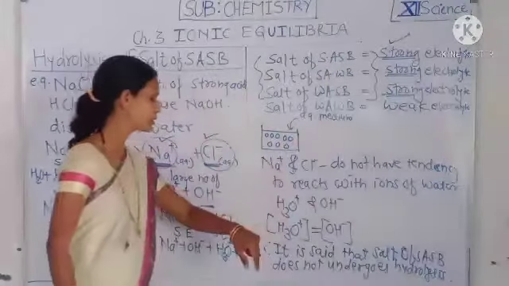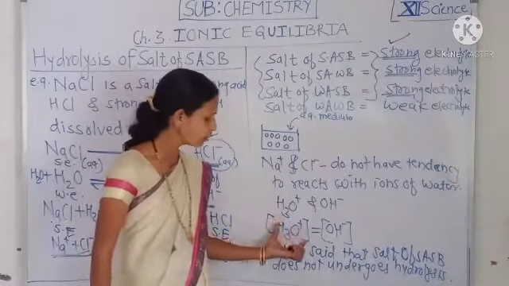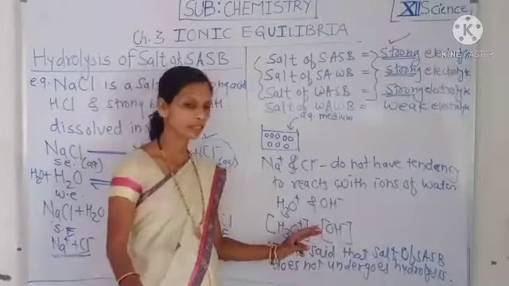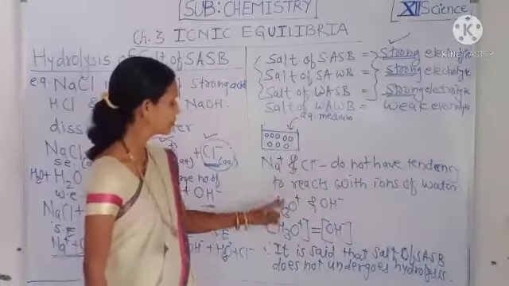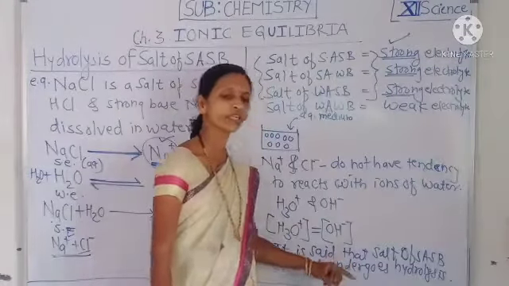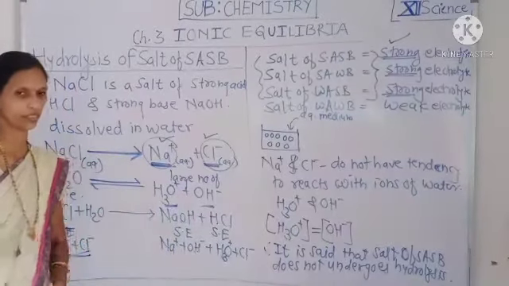Why? Because here the equality of concentration of hydronium ion and OH- ion does not get disturbed. Therefore it is said that the salt of strong acid, strong base does not undergo hydrolysis.